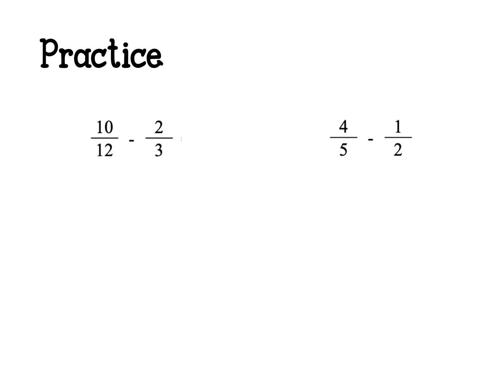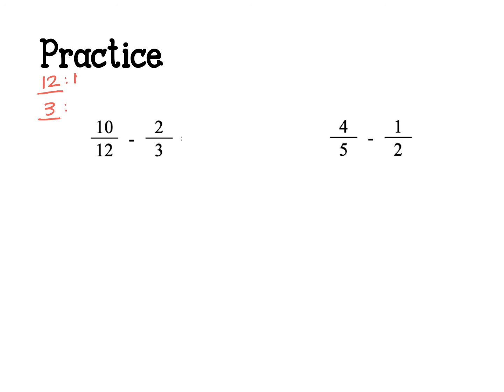Looking at the first problem, 10/12 minus 2/3, you really could use any of the methods you wanted for this one. I'm going to use the multiples method because 12 times 3 is 36, and that's kind of a big number. So I'm going to list out the multiples of 12 and the multiples of 3 and see if I can find one smaller than 36 that they share.